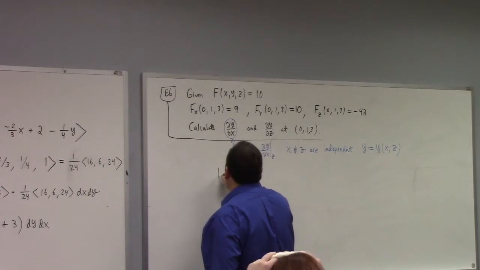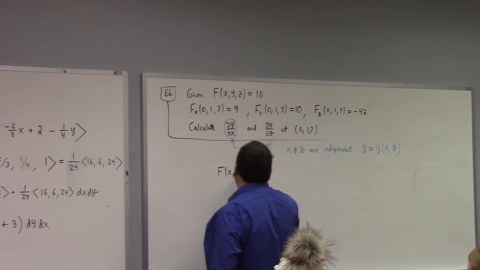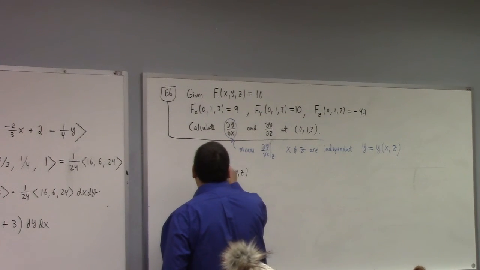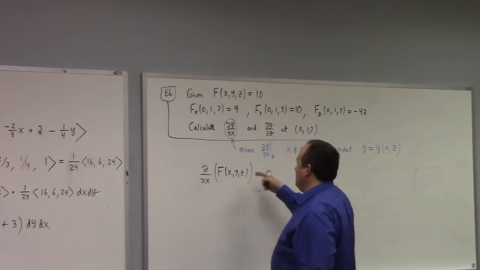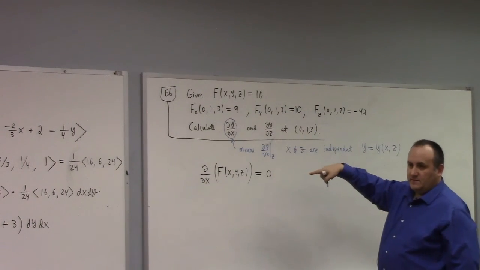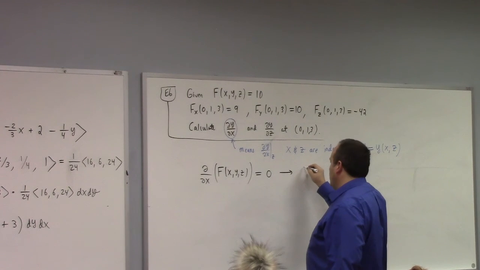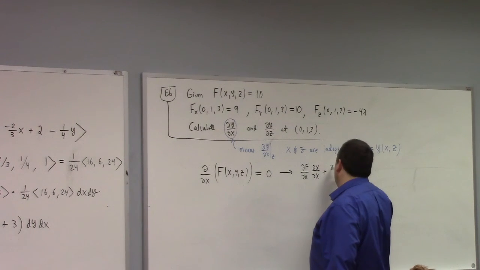the one kind of very boring way is you can take this equation and take the partial derivative with respect to x, and say, well, that's equal to 0, because partial x of 10 is 0. And then by the multivariate chain rule, this is partial f, partial x, partial x, partial x, plus partial f.